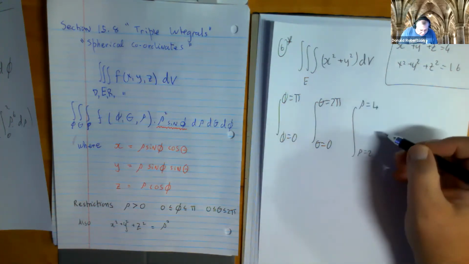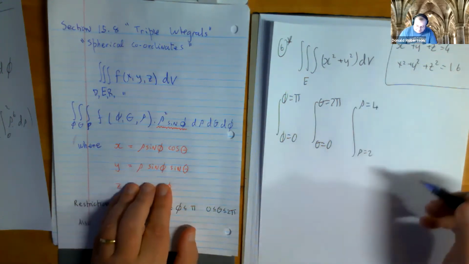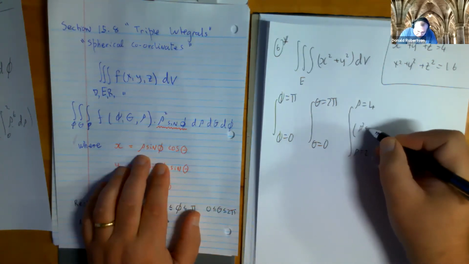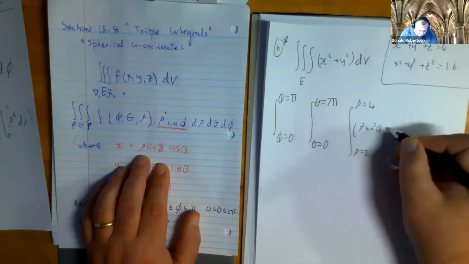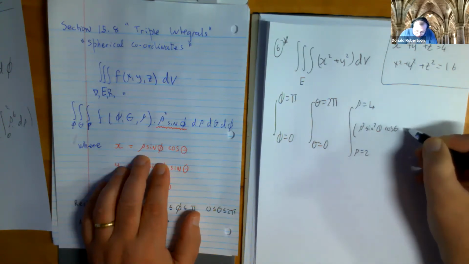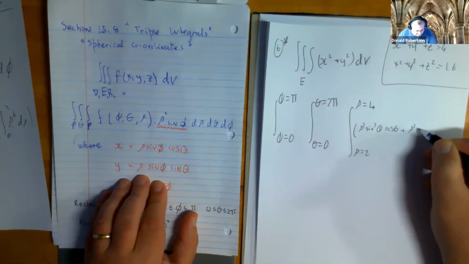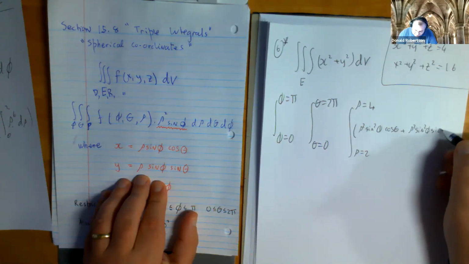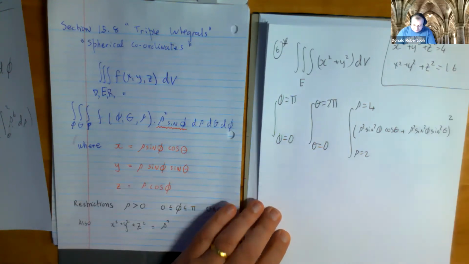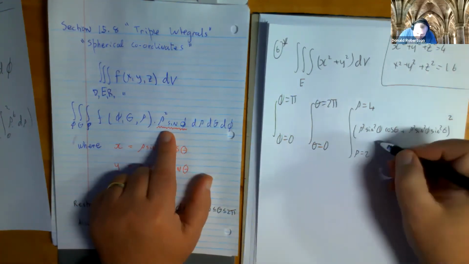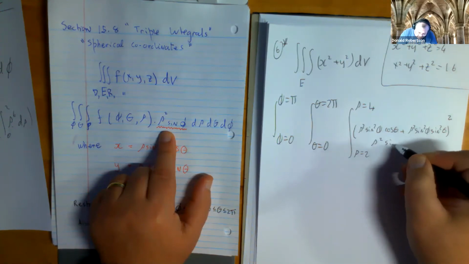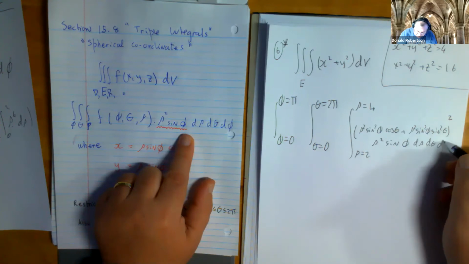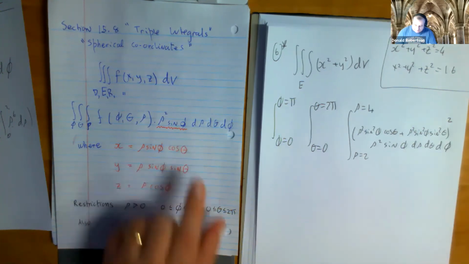Right, now x squared plus y squared. Yikes. Okay. It's going to be rho squared, sine squared phi, cos squared theta, plus rho squared, sine squared phi, sine squared theta. And then don't forget, as I was about to, that guy.